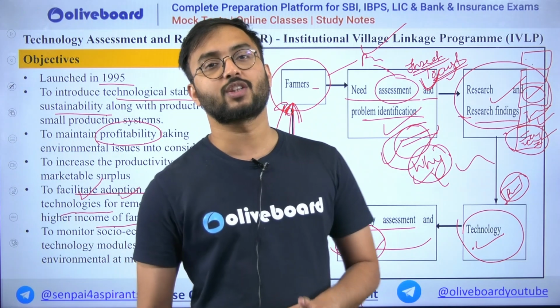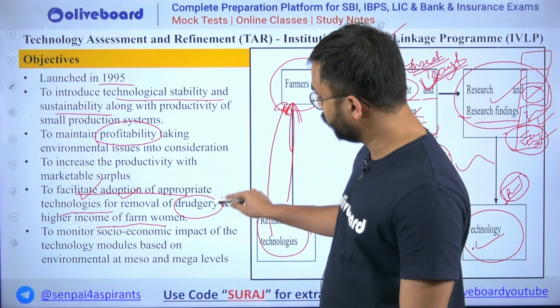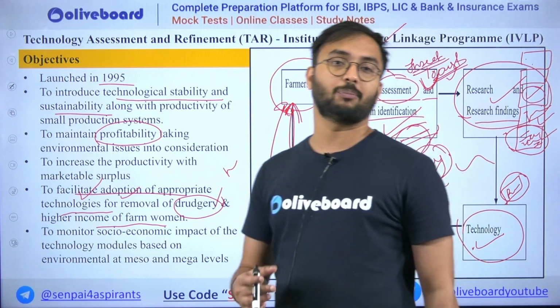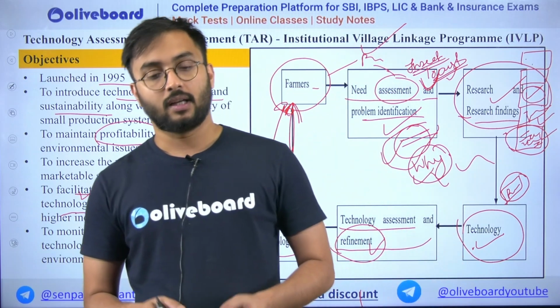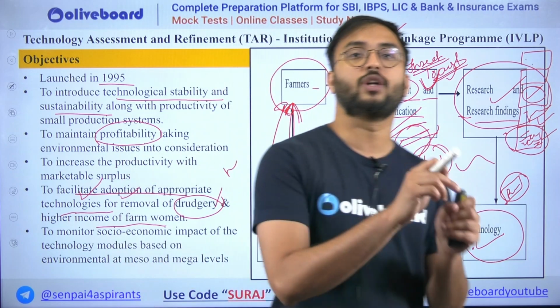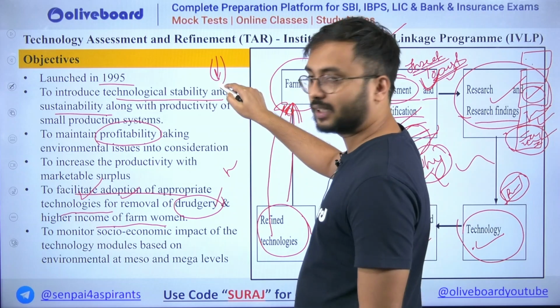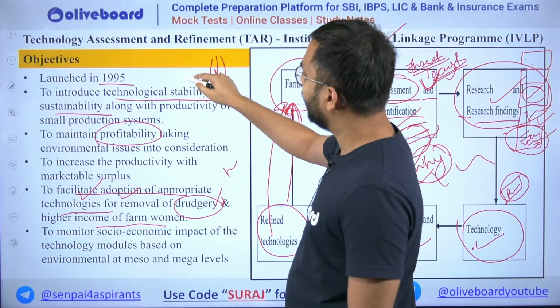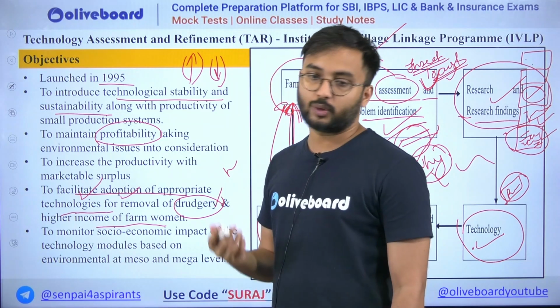So what is drudgery in the sense? Too much hardship on the agricultural field which gives lesser outputs. For example, just imagine if a person is doing the plowing activity, that is if the farmer himself is doing plowing, here the plowing output would be less, and at the same time the hardship would be more.